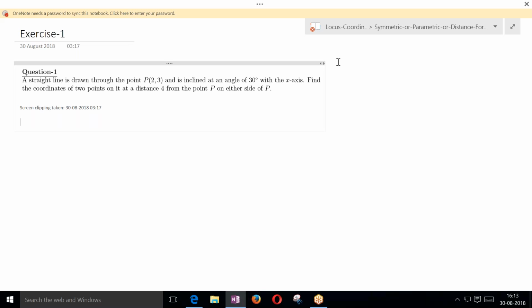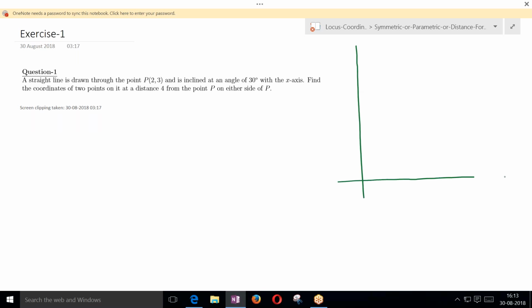That means what? Let's visualize this problem, then we'll solve together. Suppose this is the coordinate axis. This is the positive direction of x, this is the negative direction of the x-axis, this is the positive direction of the y-axis, and this is the negative direction of the y-axis. This is the origin.